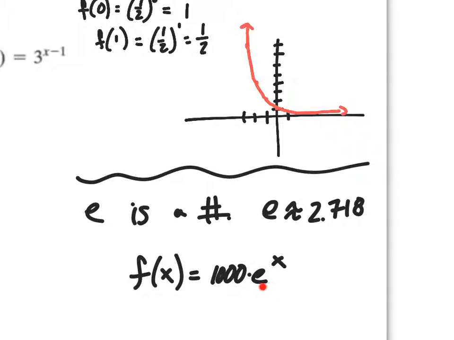And so you want to make sure that you use that on the calculator. So anything that involves e, as of right now, is going to be a calculator question. Further on down the road, when we talk about logarithms and stuff like that, we're going to use e a lot, and we're just going to write it like e. So similar to how we use pi as 3.14, e is going to be another number like that, okay?